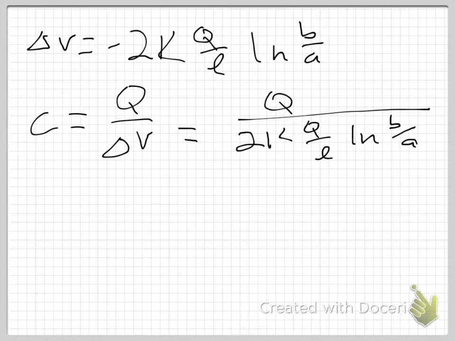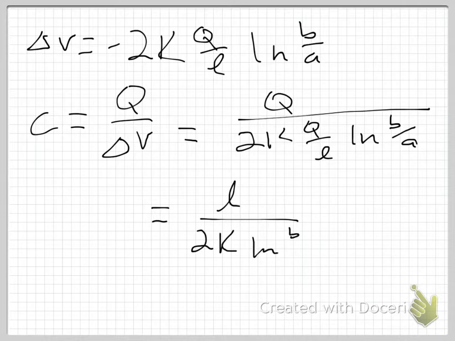My Q's are going to go away as I expect them to, because my capacitance is only calculated using physical parameters. My L is going to flip up to the numerator, and what I get is L over 2k log b over a.